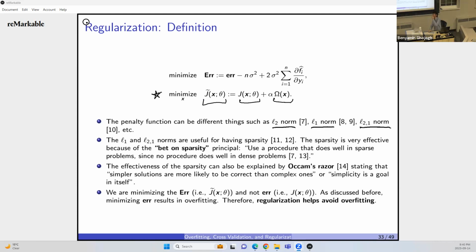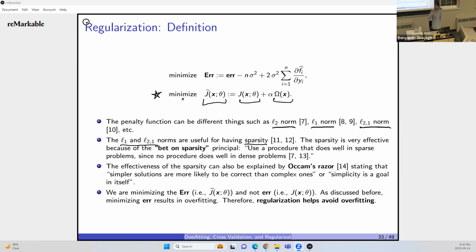Again, recall preliminaries. The L1 and L21 norm are useful for having sparsity. So whenever you have L1 norm, this should ring something in your mind that it's probably used for sparsity. There is always in science, at least in machine learning, whenever you hear L1 norm, maybe it's related to sparsity. Why? We'll talk about it.